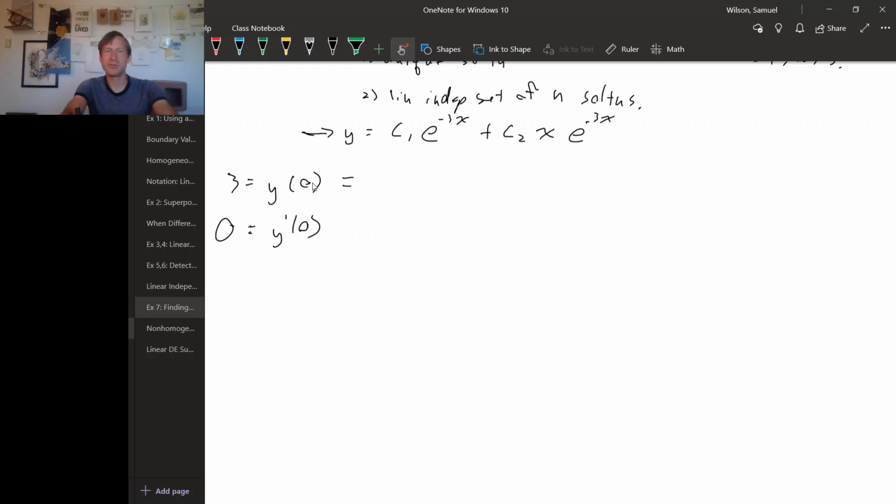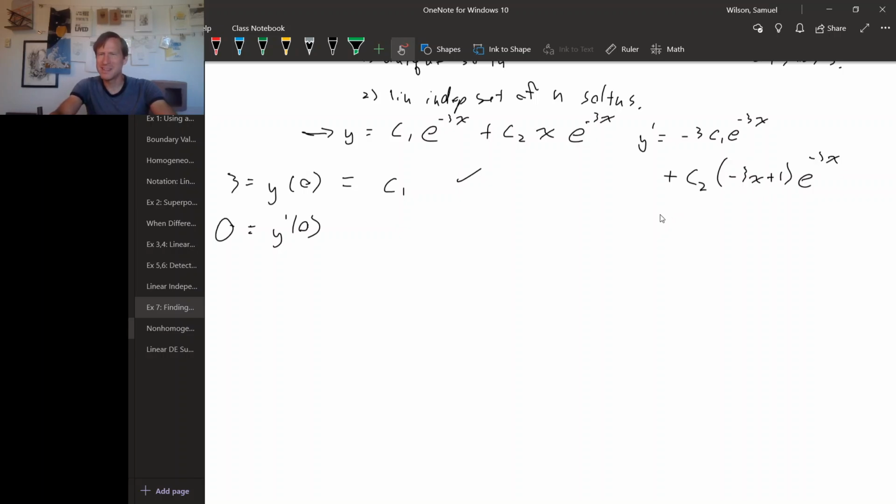So plugging in x equals 0, we get c1 plus 0, so just c1. So now we know c1. And then we have to calculate a derivative. So we get minus 3c1 e to the minus 3x plus c2 times minus 3x plus 1 times e to the minus 3x.